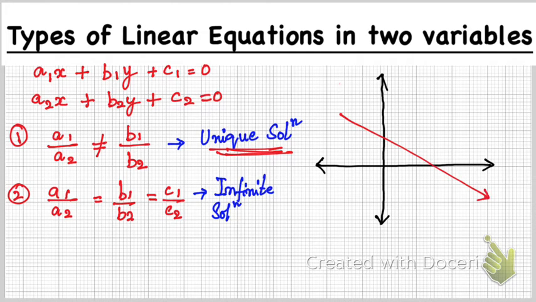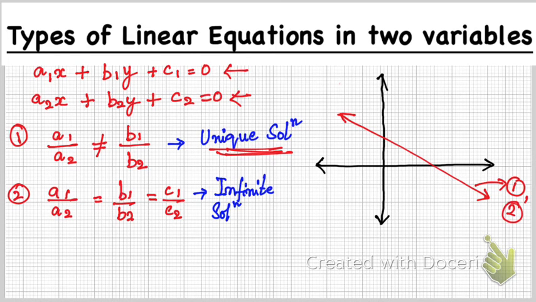This type of situation occurs when you get a single line for both the equations. You have been given two equations, but you get a single line, which means both the lines overlap on one another, and this is the same line for equation 1 and 2.